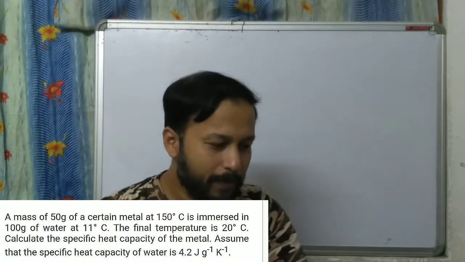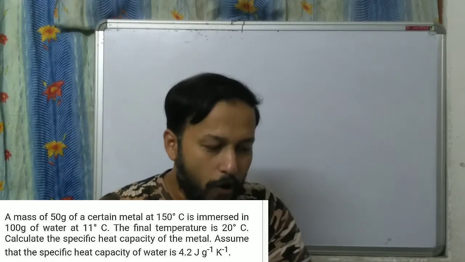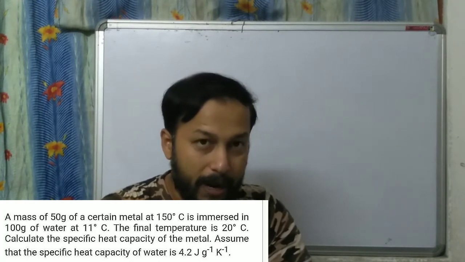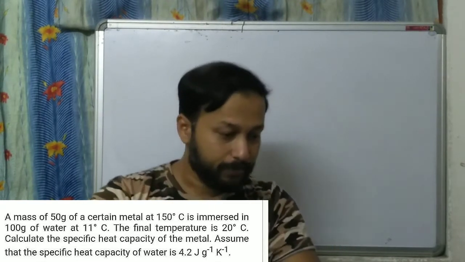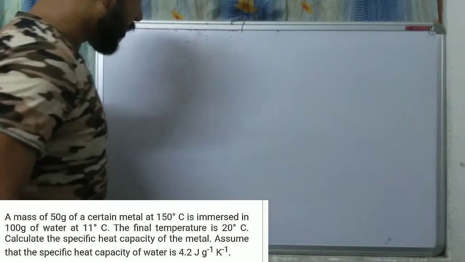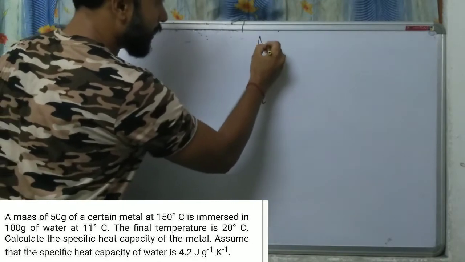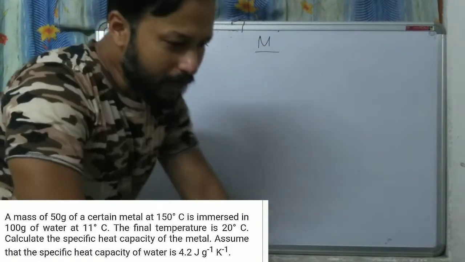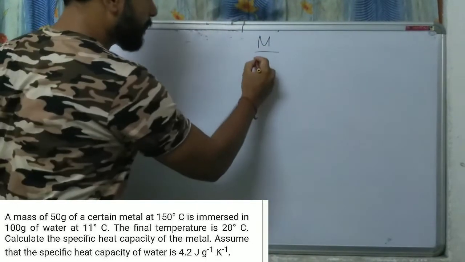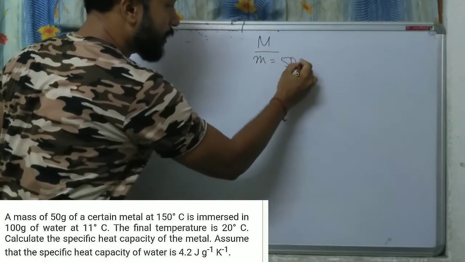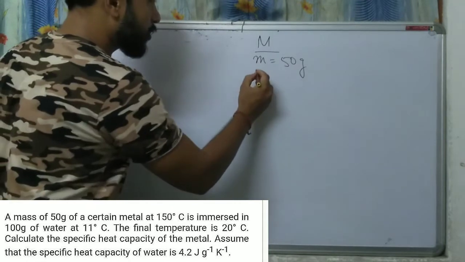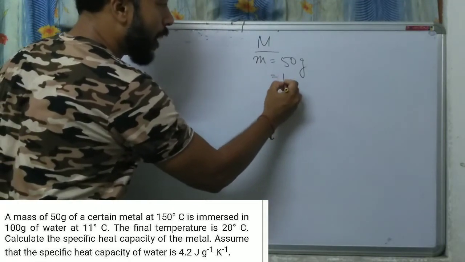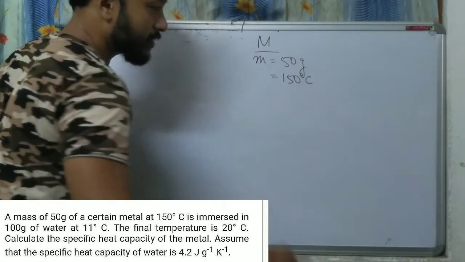Next question. A mass of 50 gram of a certain metal at 150 degrees Celsius is immersed in 100 gram of water, whose temperature is 11 degrees Celsius. The final temperature is 20 degrees Celsius. Let us write it first. We are taking a metal whose mass is 50 gram, and its temperature is 150 degrees Celsius.